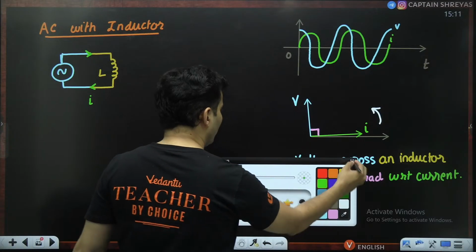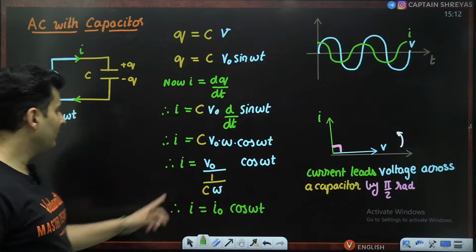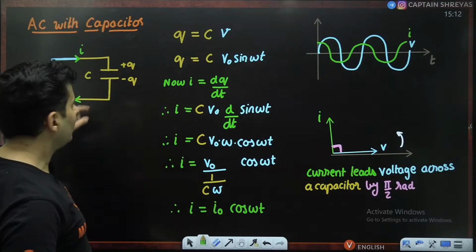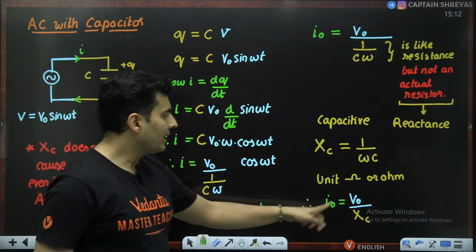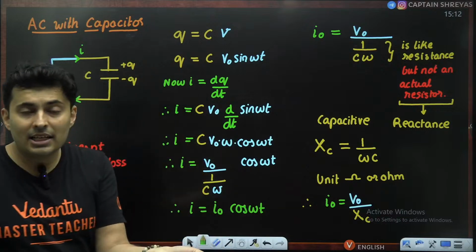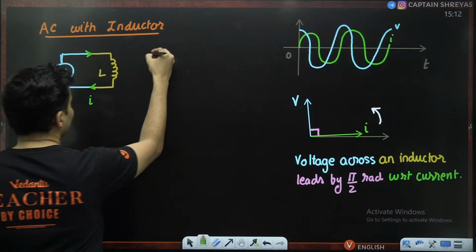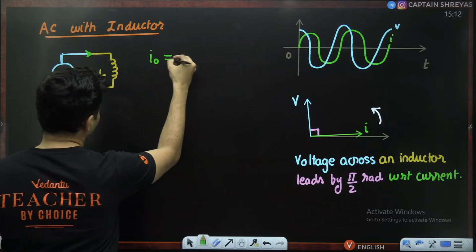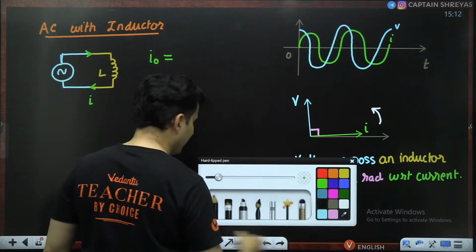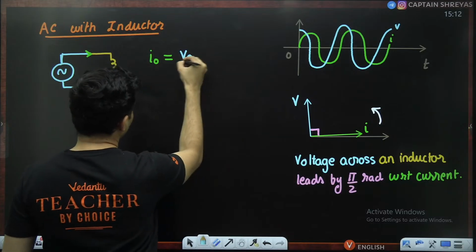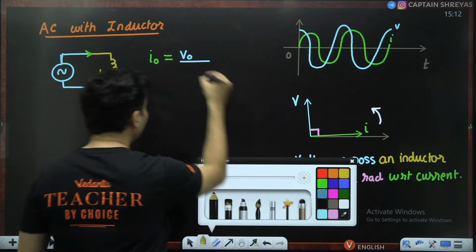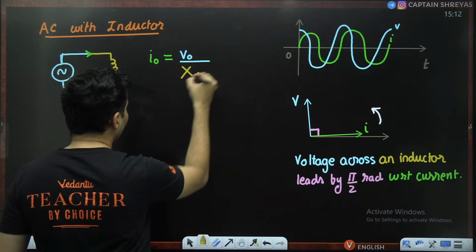So think about it. Just like before, we used to write, current is voltage by the reactance of the capacitor. What will I write over here? I will say that the maximum current is nothing but the maximum voltage divided by the reactance of the inductor.